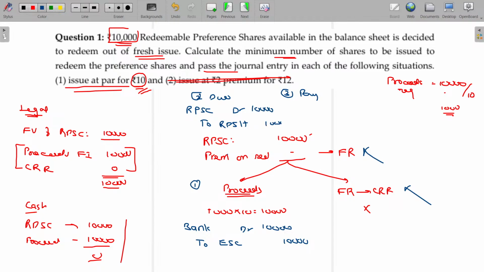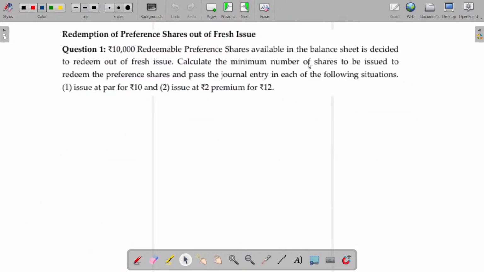Third entry being the payment entry: redeemable preference shareholders account debit to bank, the value being 10,000. Hope you are now able to understand this. Clear? We don't pass any entry for adjusting the loss because there is no loss. We need not create CRR because CRR is not required.